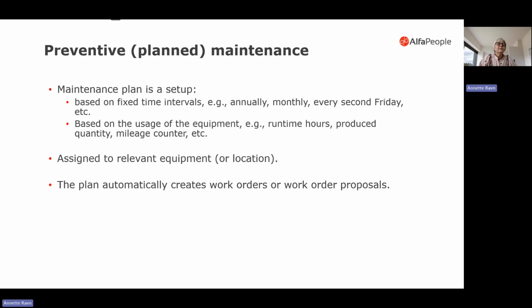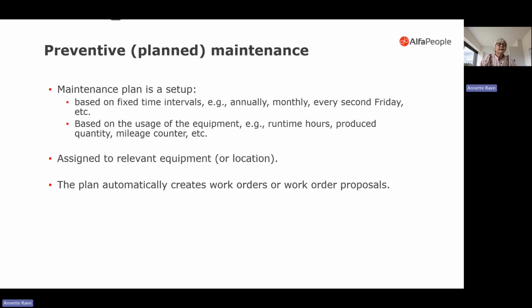But we also have the possibility on the maintenance plan to set it up based on usage, and this is handled through the counters. You can have a mileage counter, an hour counter, or a quantity counter, and based on the counter value, the system can then automatically create proposals for maintenance or project when we expect the next 1,000 hour service is due.